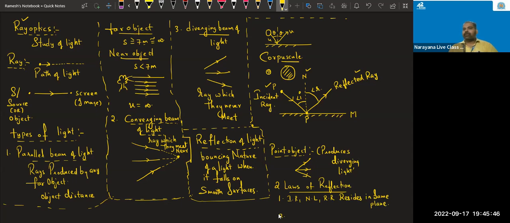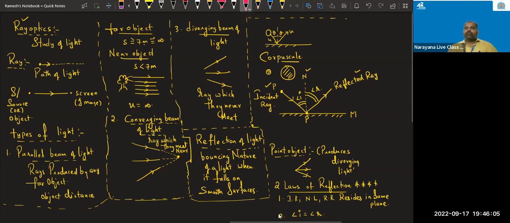And the second one, as I told you, because of the concept of elasticity, angle of incidence equals how much? Angle of reflection. These are called the laws of reflection.